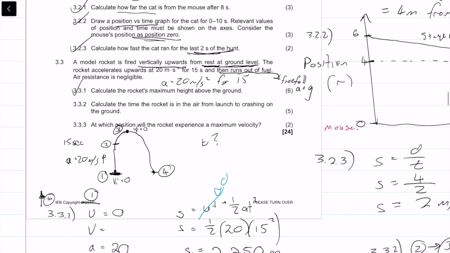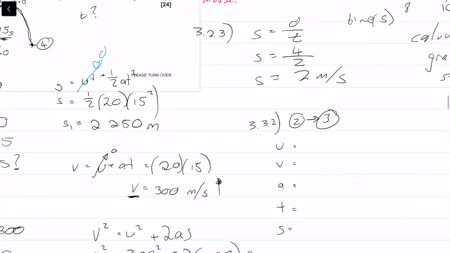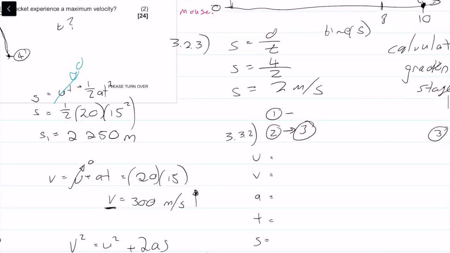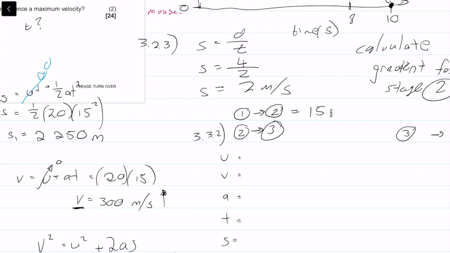The reason I'm going from 2 to 3 is because we know it takes 15 seconds to get to 2. So I'm going from 2 to 3, and then from 3 to 4, because I already know 1 to 2 is 15 seconds. So if I take 1 to 2, we already know that the time is equal to 15 seconds. We want to work out 2 to 3 and then 3 to 4.